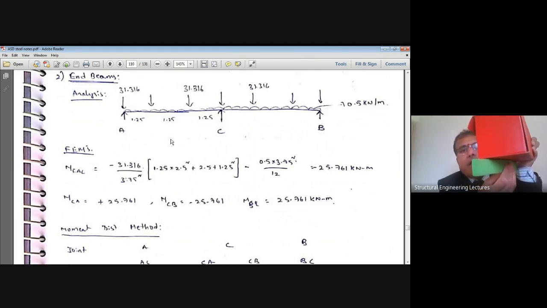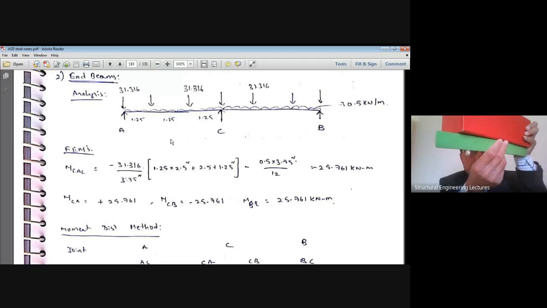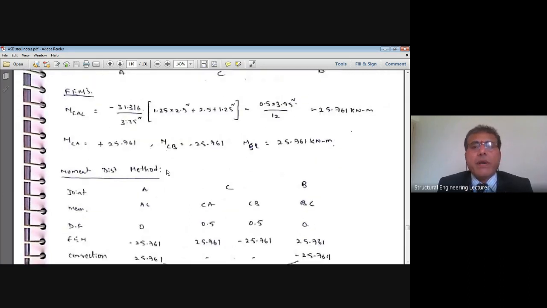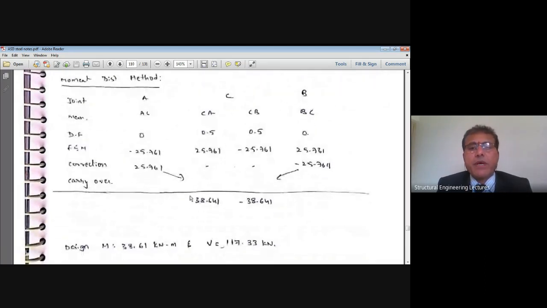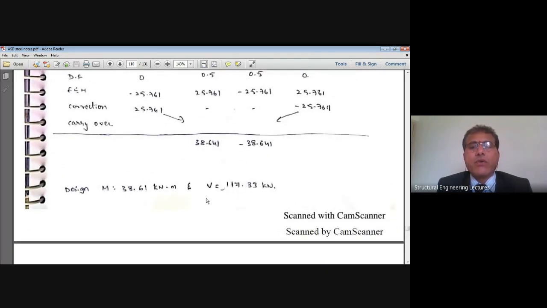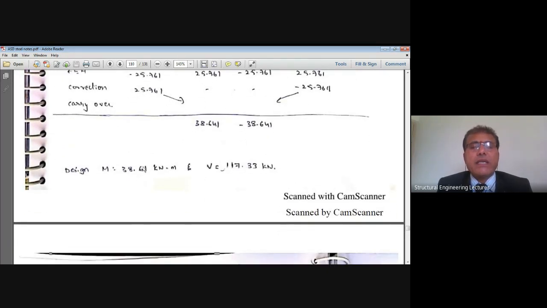Then I'll go to the analysis and design of end beams. We already discussed the analysis of end beams, and we got a bending moment of 38.64 kilonewton meter and a shear force of 117.33 kilonewton. But this 38.61 kilonewton meter is much less than the bending moment for which you have designed the intermediate beam, 48 point odd value.